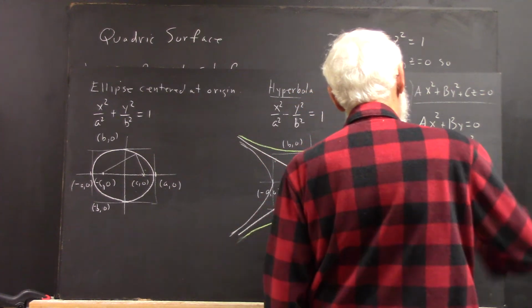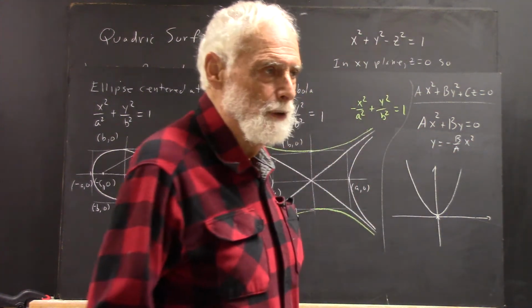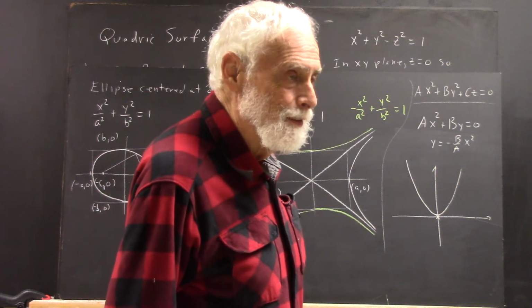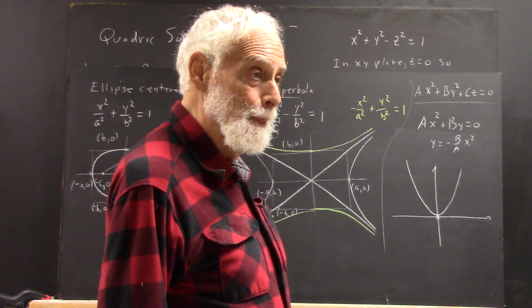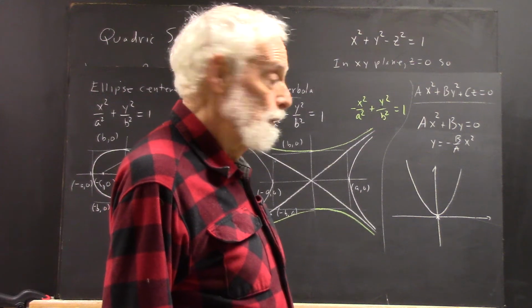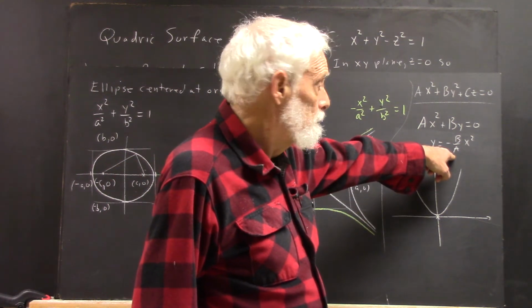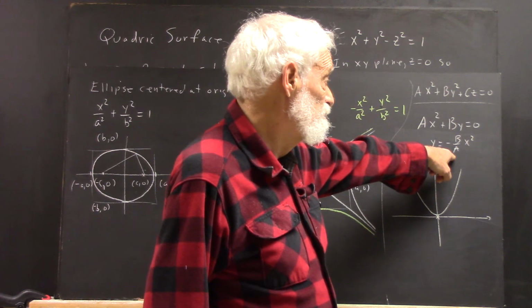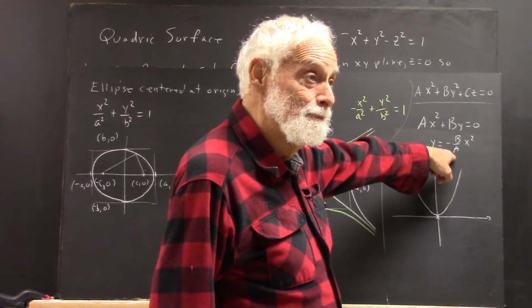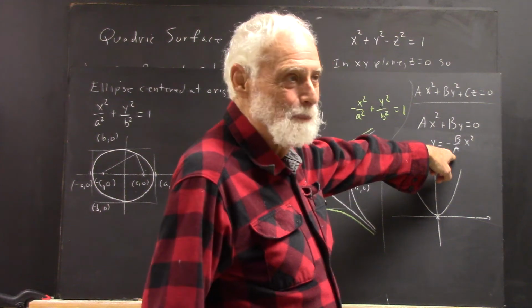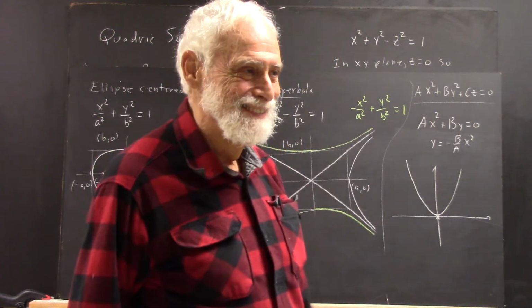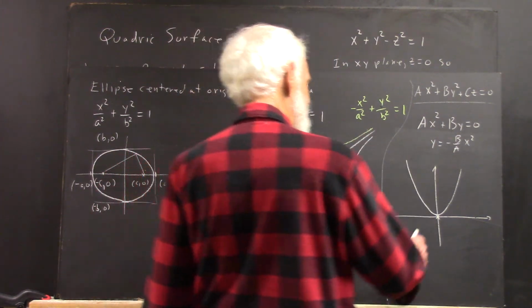It's just a transformation of a y equals x squared function. It's got a directrix and a focus that are related to this number. Not if a and b have different signs. Okay. I didn't make any assumption about the sign.